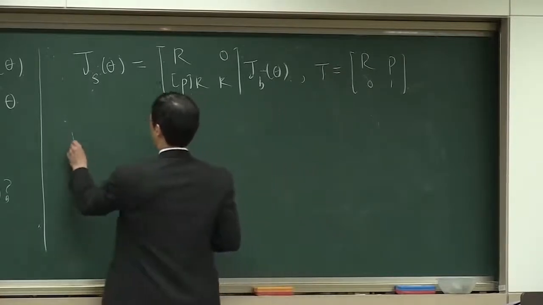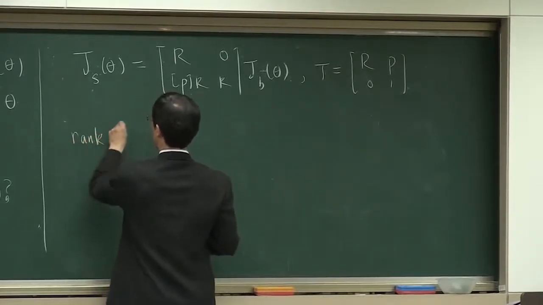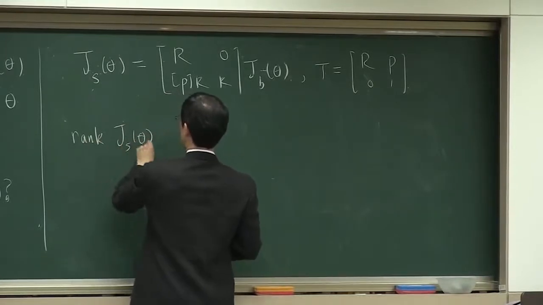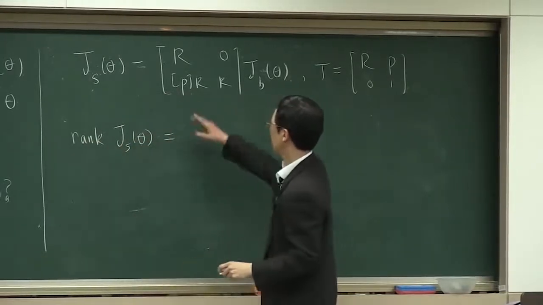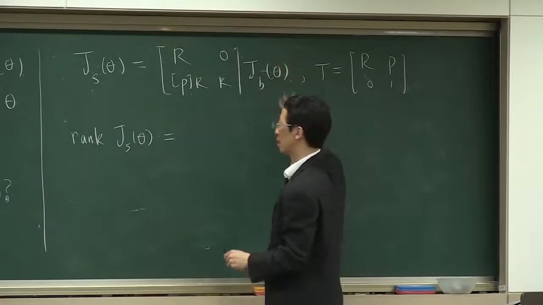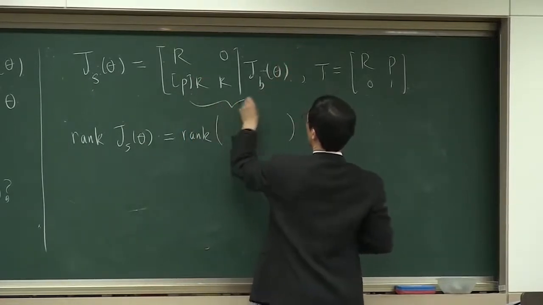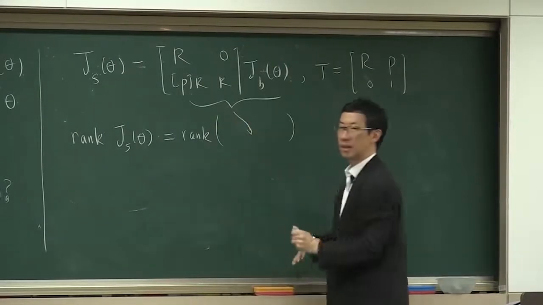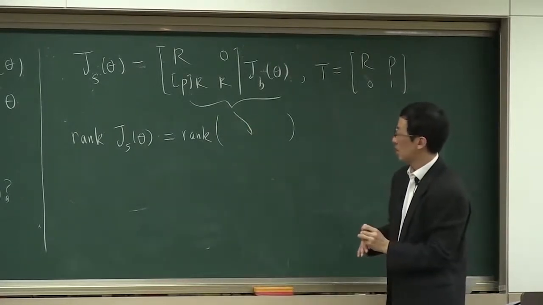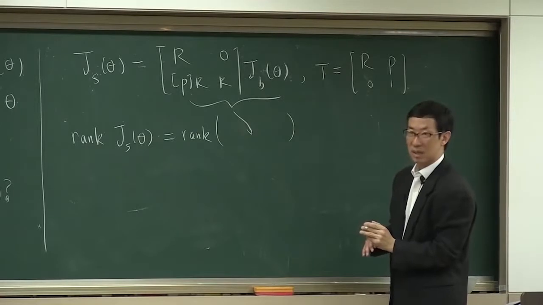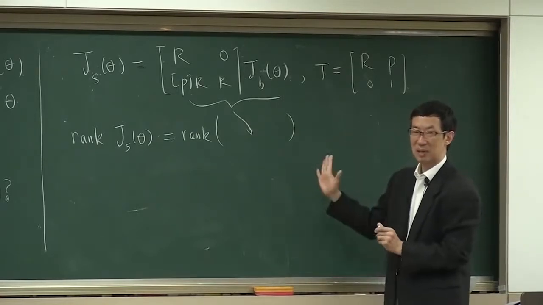So the rank of J sub s of theta is the rank of this, the rank of that. Now the question: are the ranks of J sub s and J sub b the same?